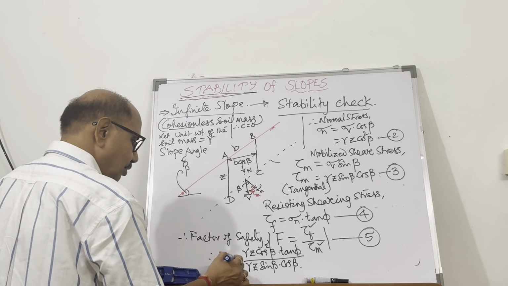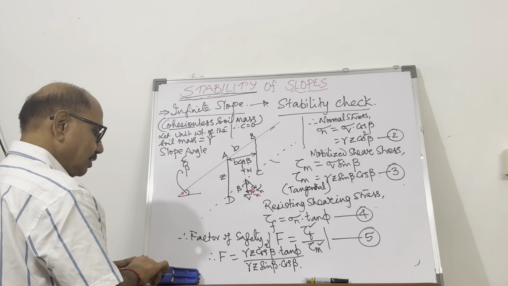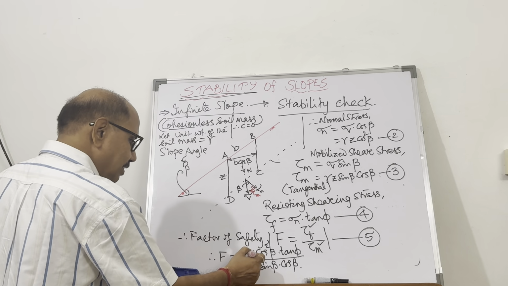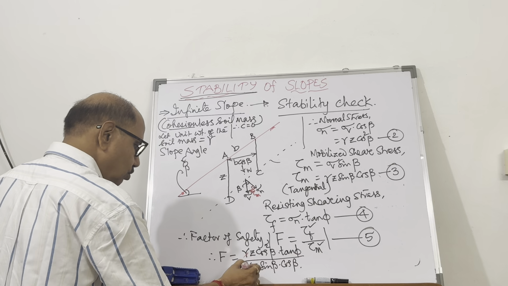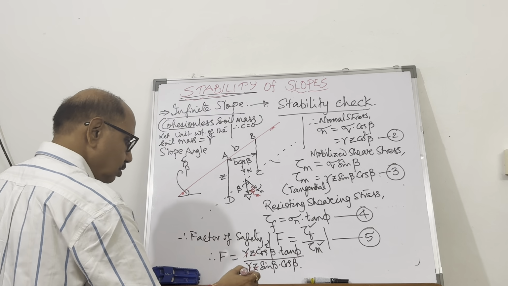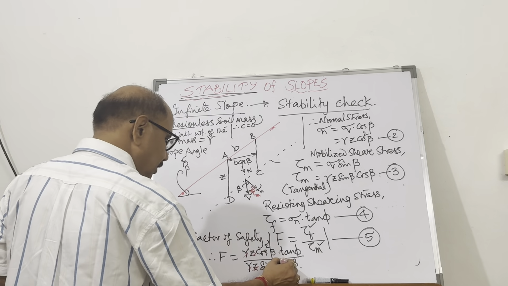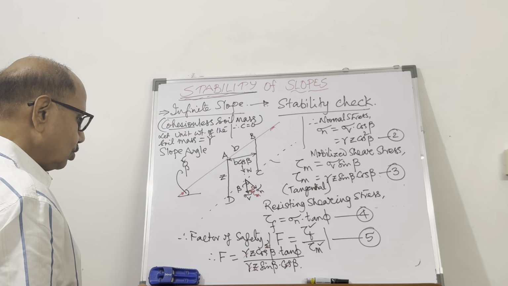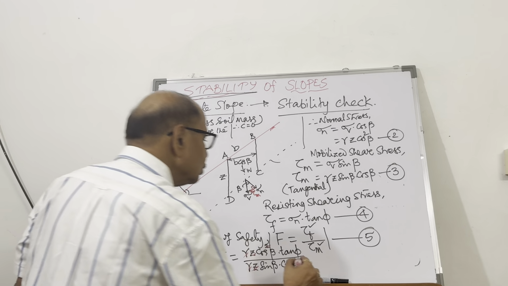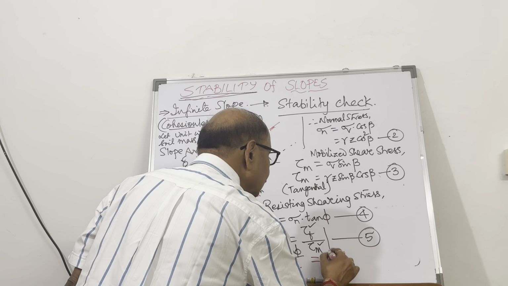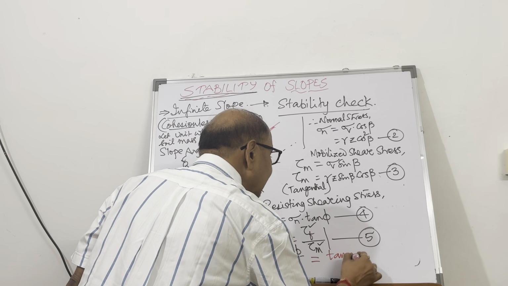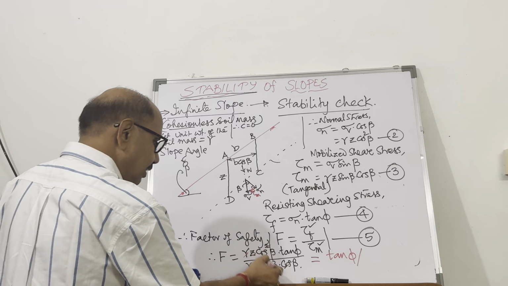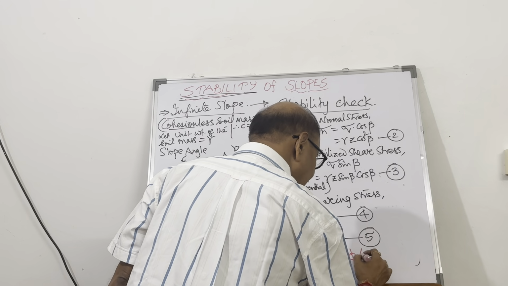So friends, you can see that this gamma z is going to be cancelled out. And here cos beta and cos square beta. So it remains factor of safety equal to tan phi upon sin beta divided by cos beta, which becomes tan beta.